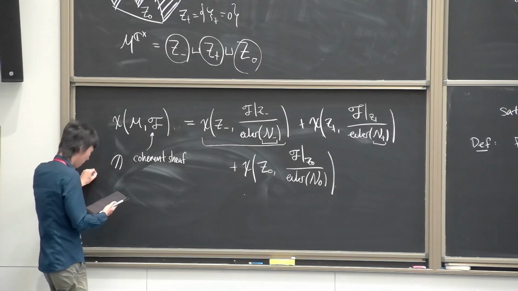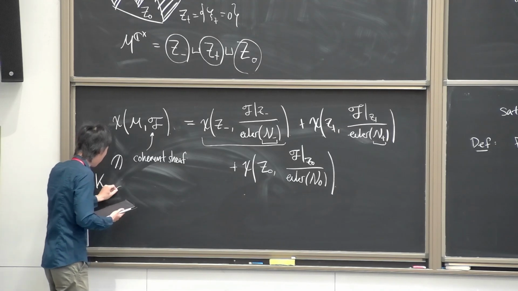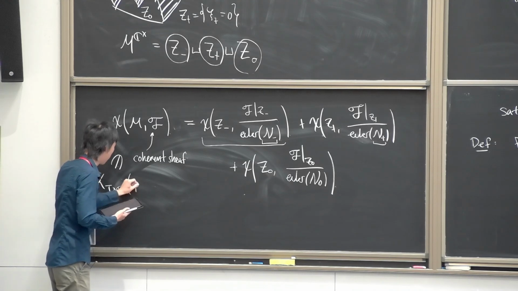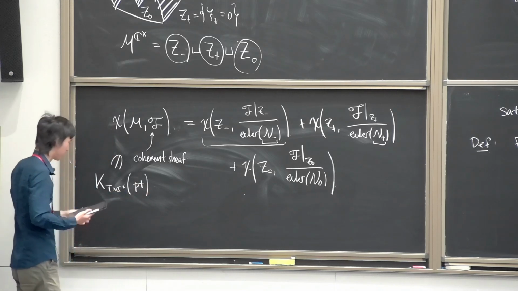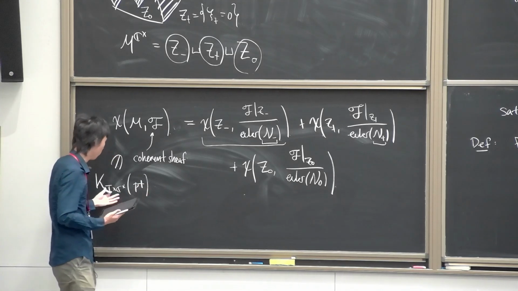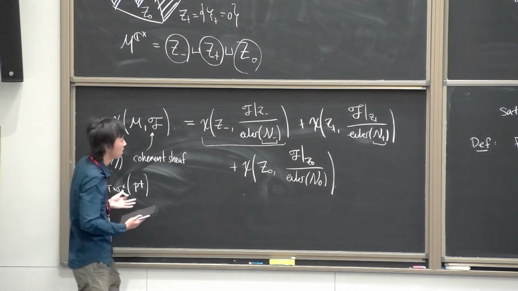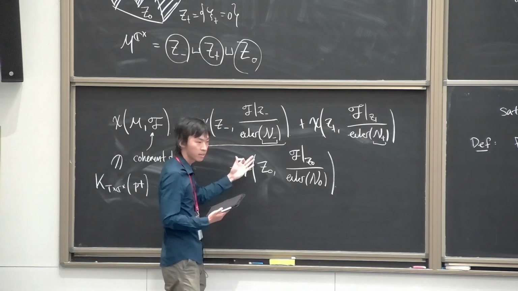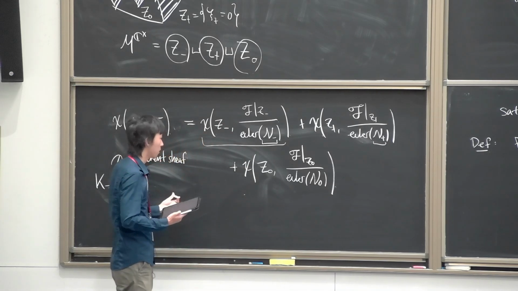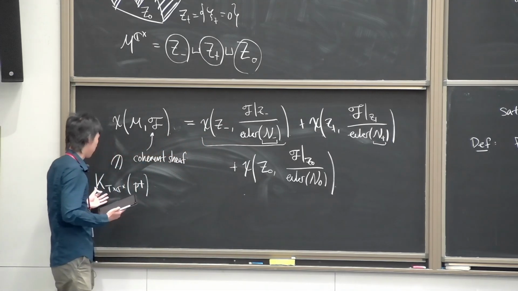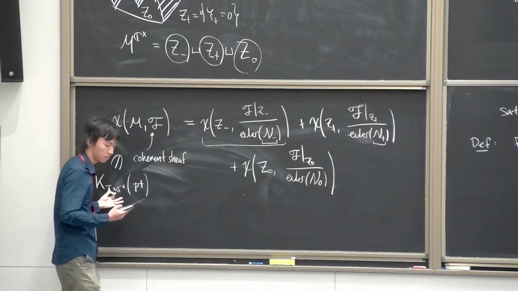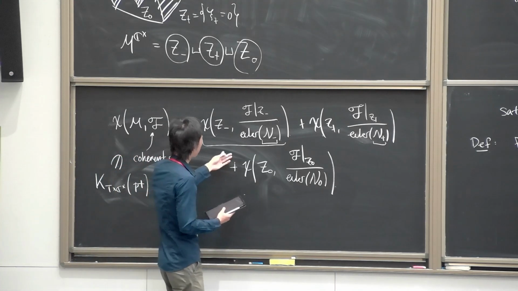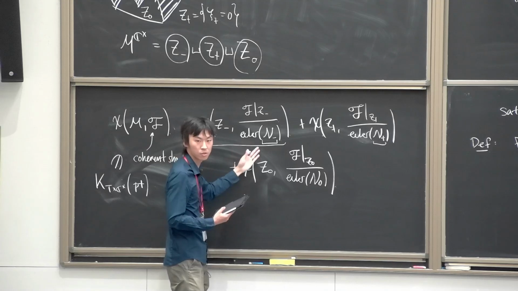So this is really some element inside the T cross C star equivariant K-theory of points. Right? It's really just some Laurent polynomial in whatever equivariant parameters you have. But each term on the right-hand side will be some non-trivial rational function of the coordinates on T and the coordinates on C star. And in fact, you can be very precise about where the poles of these rational functions can be.